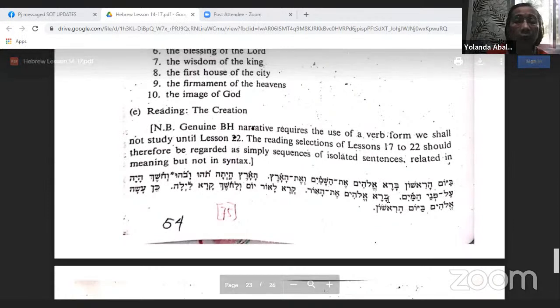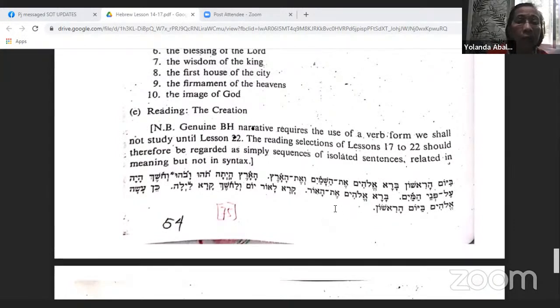Alright, next. Bara Elohim et Haur. Bara, created God the light. Period there. Kara laor yom velakoshet kara layla. And called the light day. And the darkness called night.